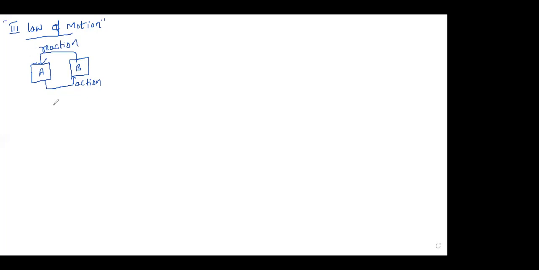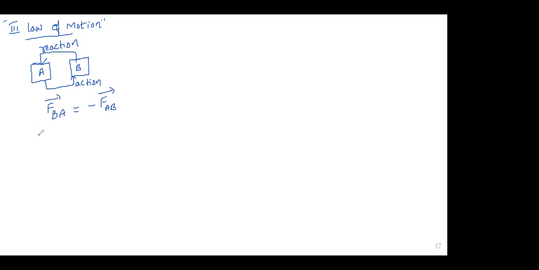Now what I'm saying, the force acting on the body B due to A is equal and opposite to that of A to the body B. Force acting on B due to A must be equal to minus force acting on A due to body B. So this is according to your Newton's third law of motion.